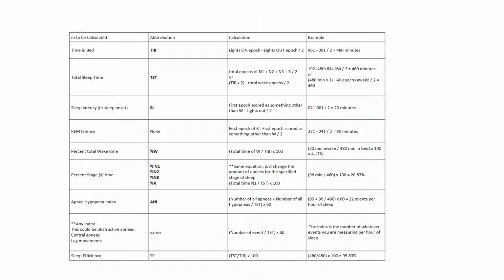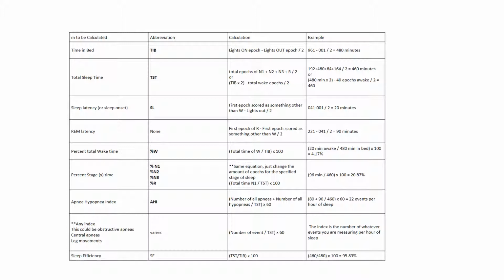Now let's go down to the next row where we have the percent of sleep stages. And I have the abbreviations there for you. The calculation is the same as the one for wake, only instead of using time in bed, we're using total sleep time. So let's do stage N1 as an example. In one of our prior calculations, we had 192 epochs of stage N1.